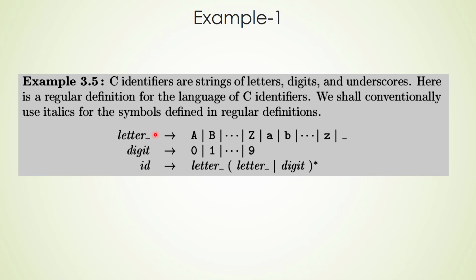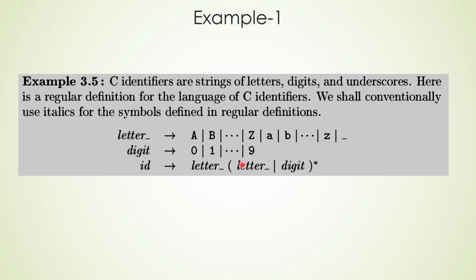So identifiers can be defined as starting with letter_. That means the first symbol may either be an alphabet from A to Z or an underscore, followed by anything. Any combination of letters and digits is denoted by (letter_ or digit) star.